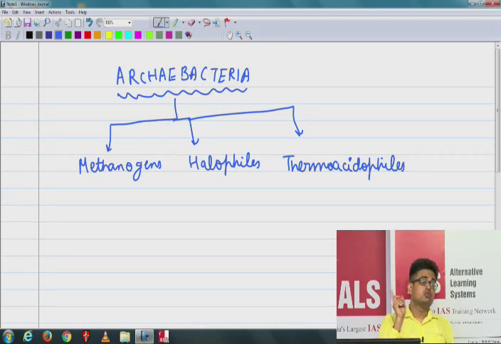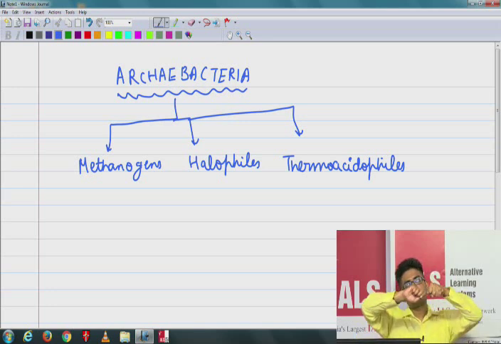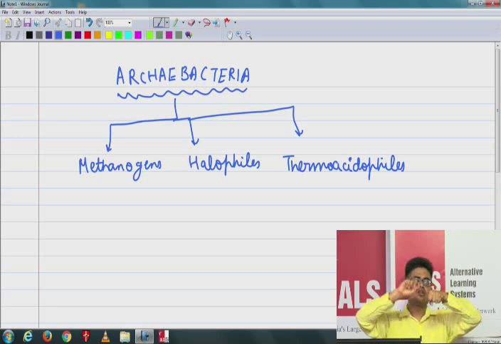But the similarity with eukaryotes is that they show the presence of histone proteins. As somebody very good pointed out, they have histone protein. And I had to explain to you in the last class what histone protein is. So what is histone protein? Histone protein is a protein block, and we coil 2 turns of DNA on top of it. Actually, it is 1 3/4 turns, but for simplicity's sake, try to remember that about 2 coils of DNA are coiled like a spring on one histone protein.